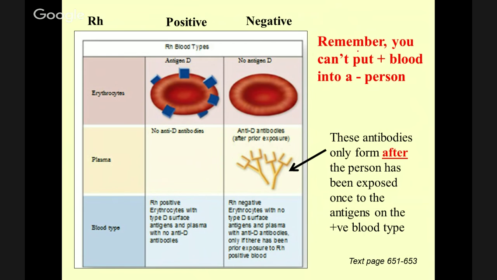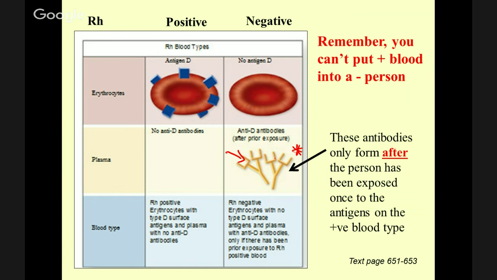And that's where the problem starts. The only reason that you develop antibodies is if you get exposed to the wrong blood. So when the mom gives birth to that first baby that's positive, her body is going to make these antibodies that attack and kill positive babies.